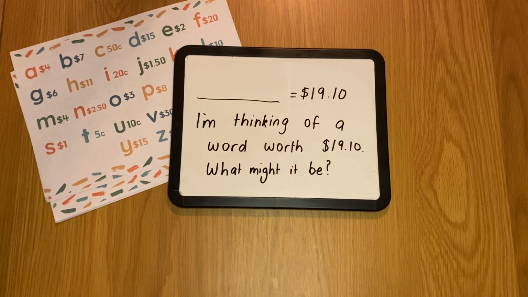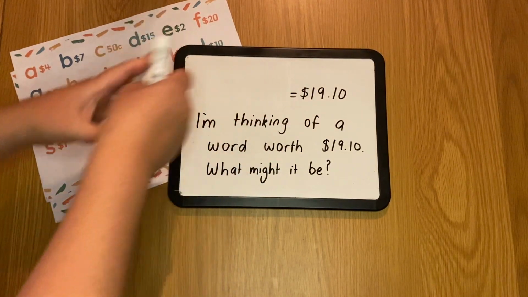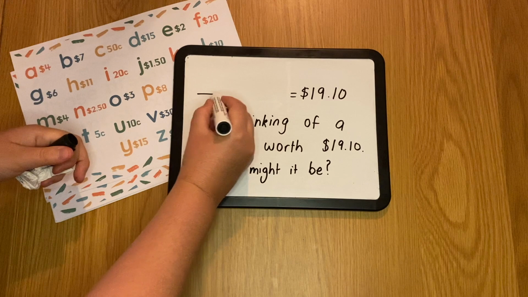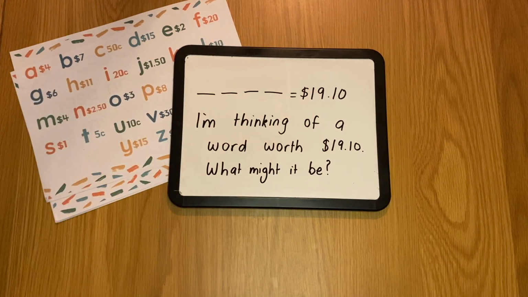The next day, what I would do is I would say, well, actually, the word that I'm thinking of has 4 letters. What might this word be? Some students may think that they still have it. Other students may then have to go back to their thinking and change some of their words to suit this next clue.